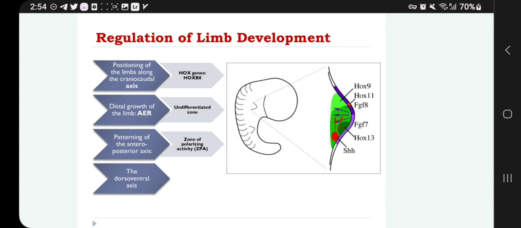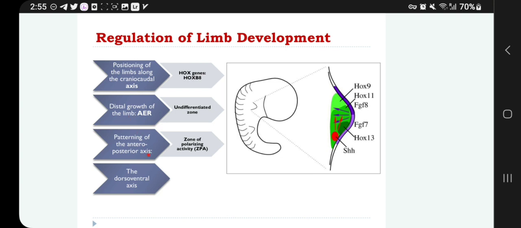As I told you, in the apical part of the limb, we have the apical ectodermal ridge that induces the underneath mesenchyme. It causes them to proliferate and doesn't let them differentiate. With this event, we have a distal growth of the limbs, upper and lower limbs, no different.